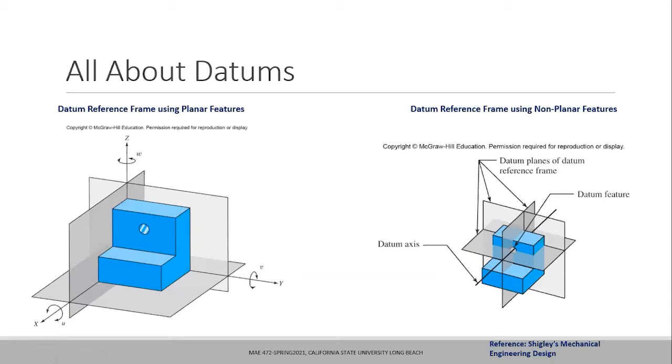So whether it is planes or a center axis for non-planar features, always remember that whenever we are considering the datum axis, it is basically the axis of the datum feature simulator. So we will discuss more about what the datum feature simulator is for a circular object. We will discuss that in a second.